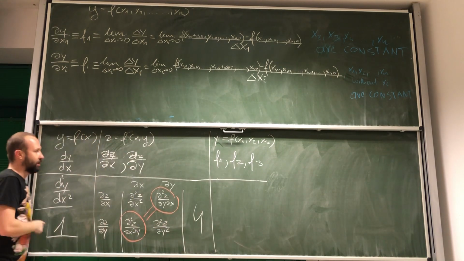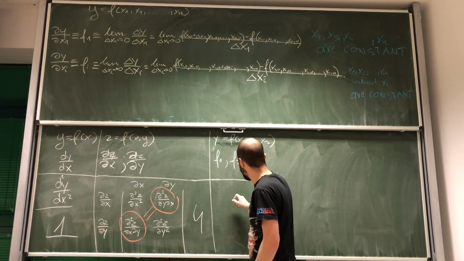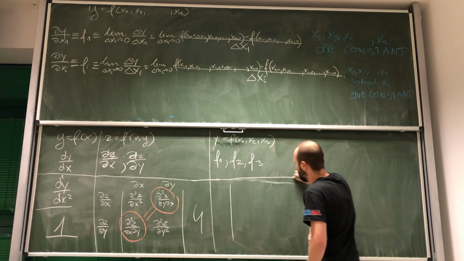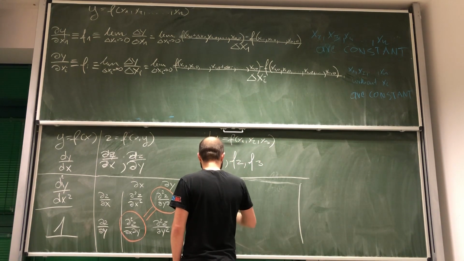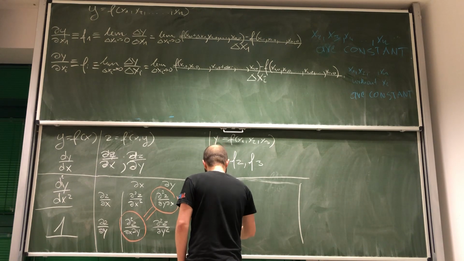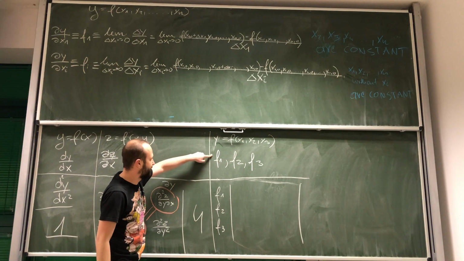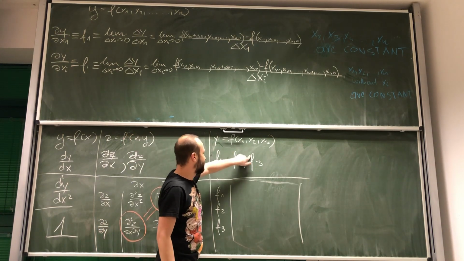Again, look, if I have those derivatives over here, and I want to put them into a determinant, so here would be derivative f1, here f2, here f3. Remember, so this is partial derivative with respect to x1, with respect to x2, and with respect to x3.